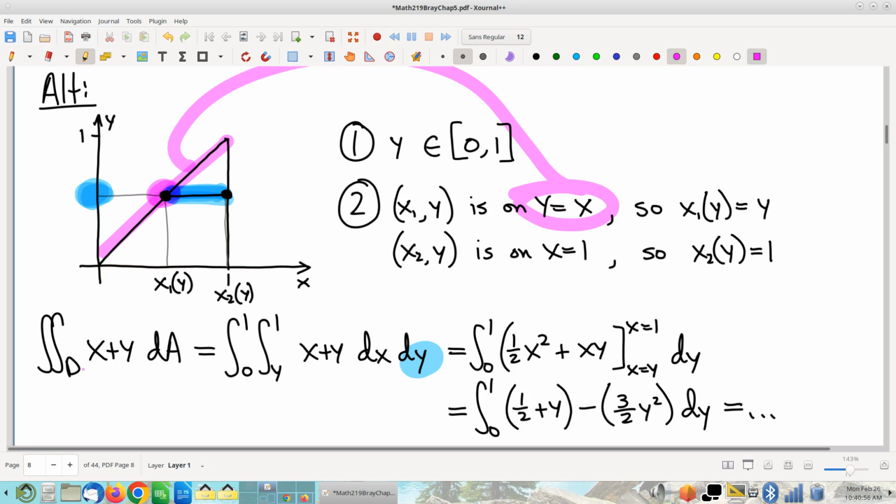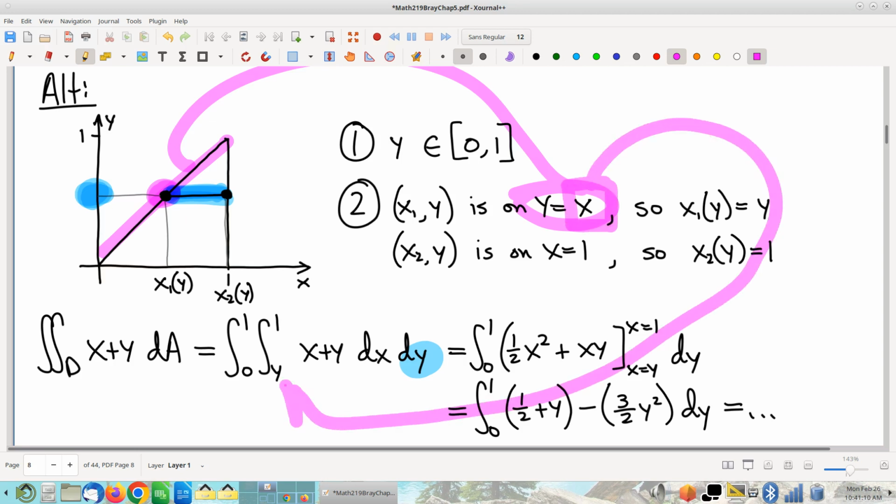I'm interested in this point because it's a starting value for x. So I need in this equation now to solve for x as a function of y. And x as a function of y is that function of y. x is y. Does that make sense?